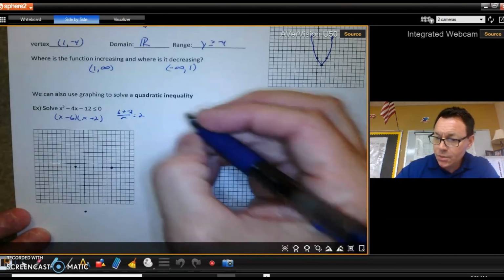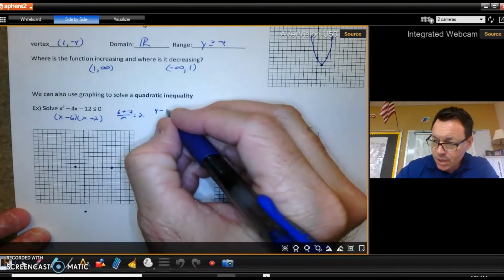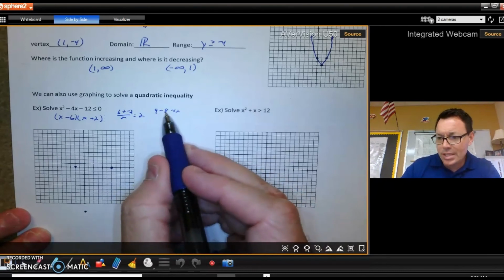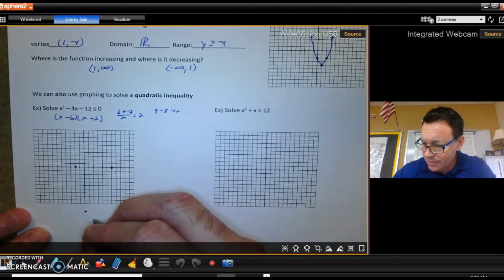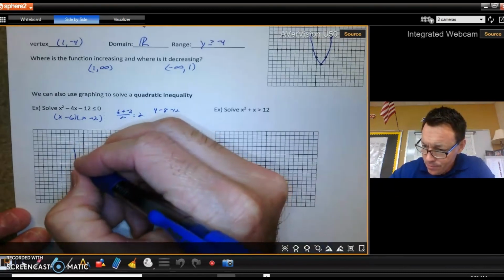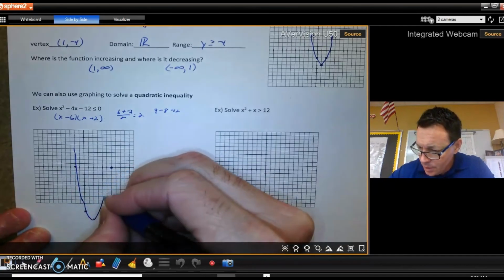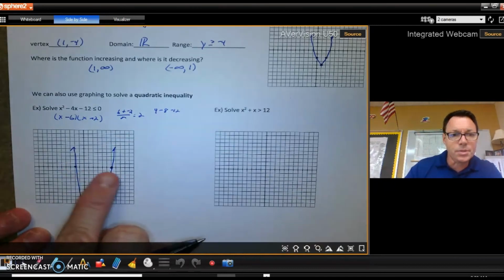Well, x squared is going to be 4, minus 4 times 2 is going to be minus 8, and then minus 12. All right, 4 minus 8, we're already at negative 4, and then minus 12 is at negative 16. So we are way down here, okay? But all I need is an approximation for this anyway. What I really need to know is where those intercepts are, okay?